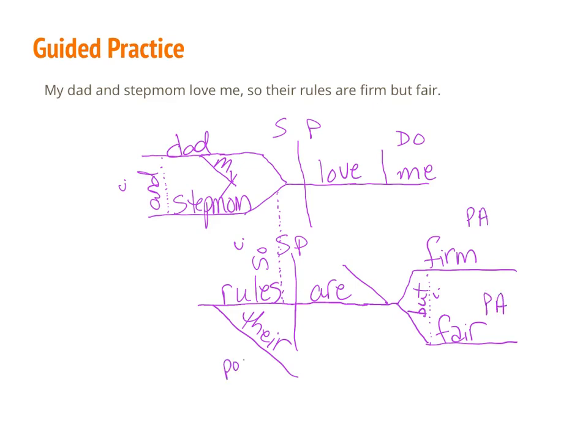There is a possessive pronoun. So my is a possessive pronoun. My dad and stepmom love me, so their rules are firm but fair. And that's how you diagram that sentence.